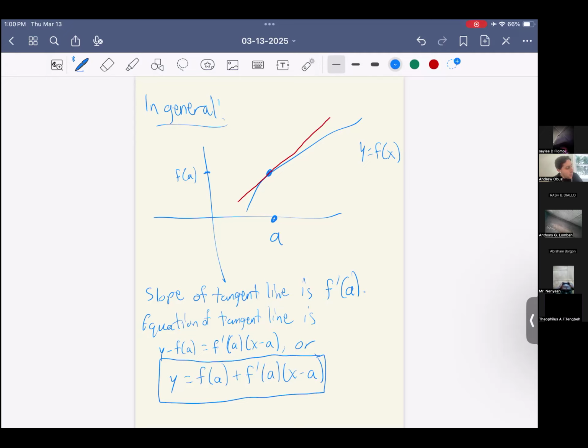Now we can just punch in a value of x, and that won't give us exactly the value of f of x, but it'll give us the y value of the tangent line at that same point, which should be pretty close, as long as I pick an x that's pretty close to A. So this is what the equation of the tangent line is going to be.